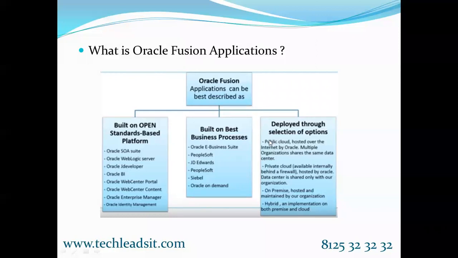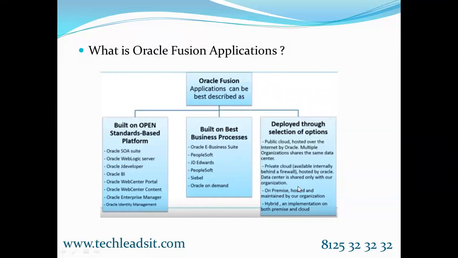This public cloud is completely maintained by Oracle. There is nothing to be maintained by the organization; the organization just consumes the services provided by Oracle. Whereas in private cloud, the application in the data center is maintained by the organization, and the remaining would be maintained by Oracle.